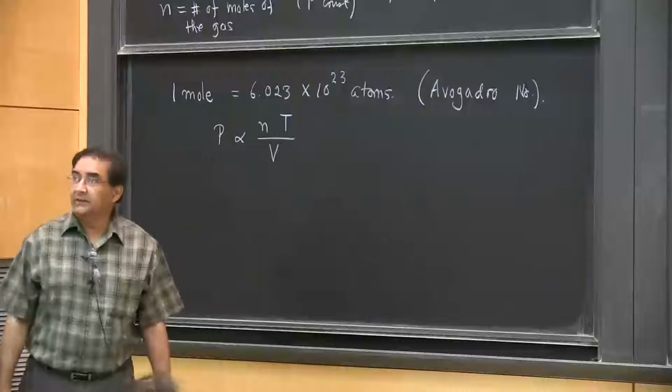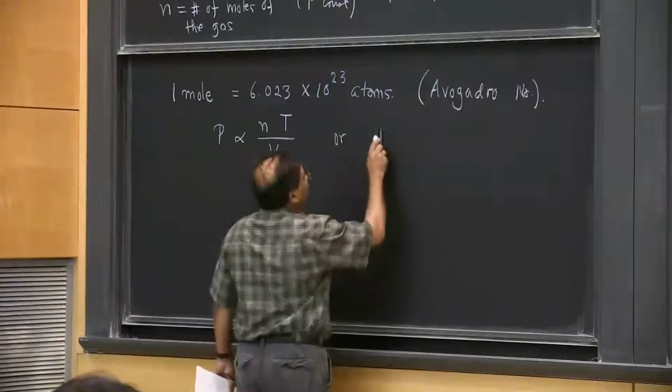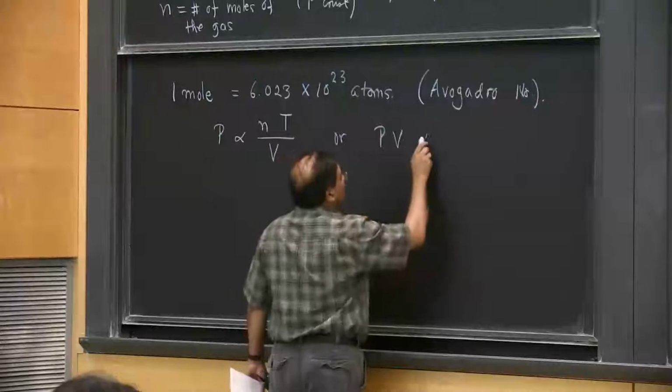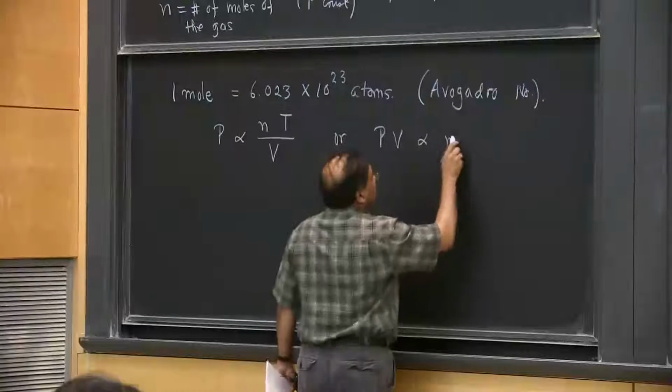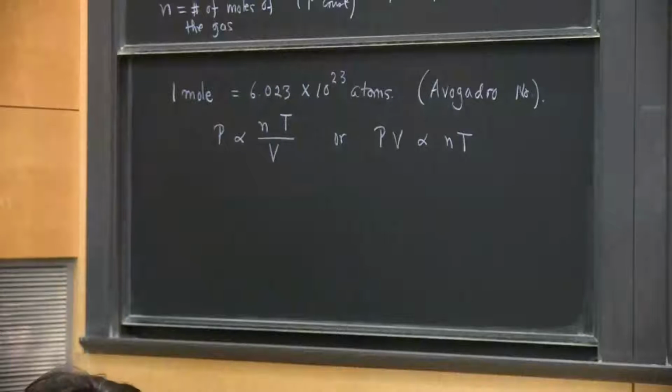So these are the things that we can put together, or alternatively we can write PV is proportional to NT by multiplying both sides with V, right?